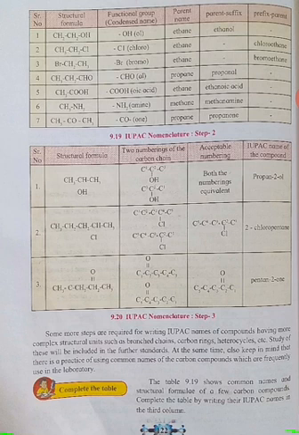So the acceptable numbering is C5-C4-C3-C2 with the Cl group attached here, and C1. So the IUPAC name of this compound is 2-chloropentane, as the chlorine group is attached to the carbon in the second position.